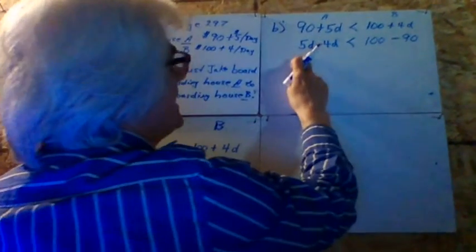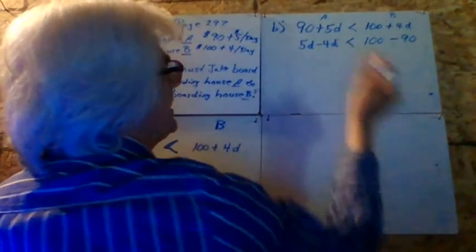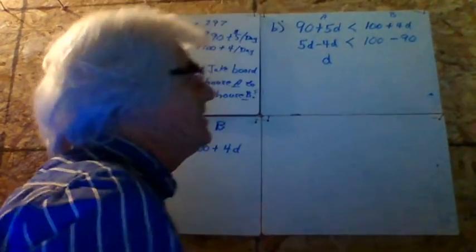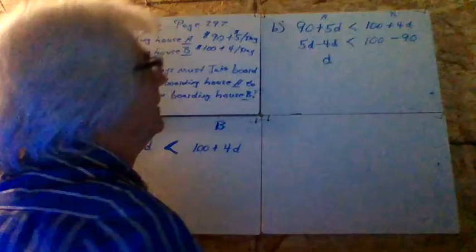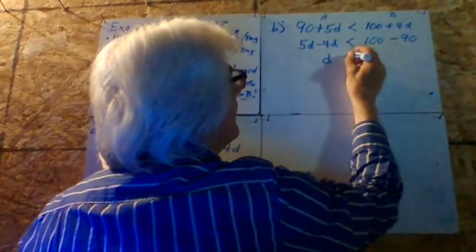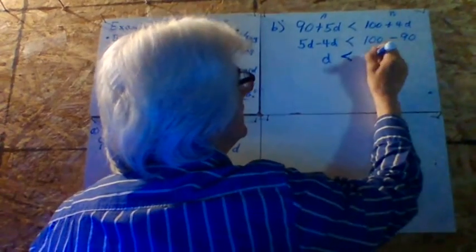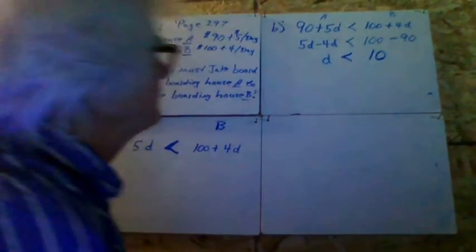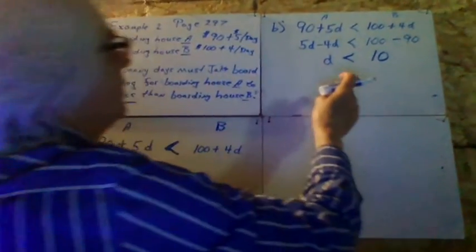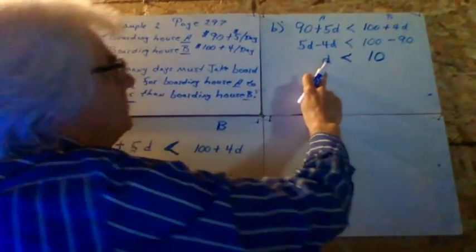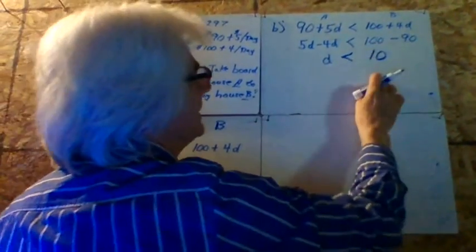So 5D minus 4D gives me 1D, or just D. You don't need to put a 1 in front of it. So I have D is less than 100 take away 90 is 10. So what does that tell me? Well, for boarding house A to cost less, it has to be less than 10 days.